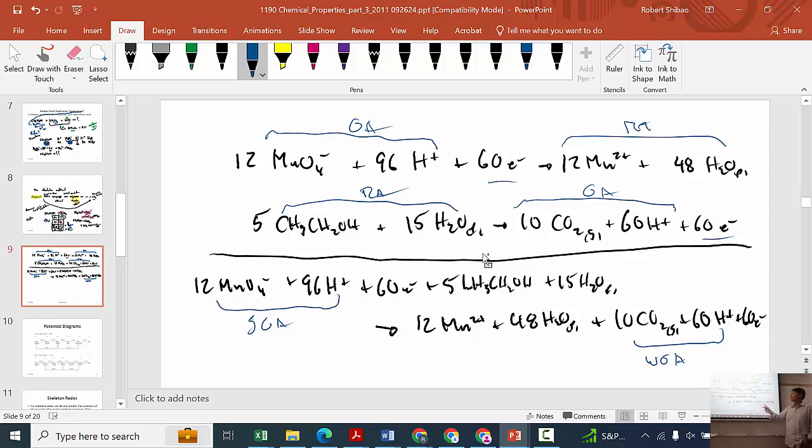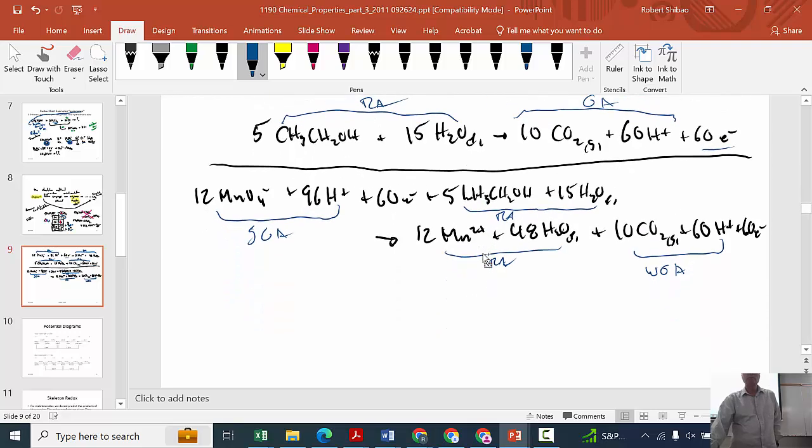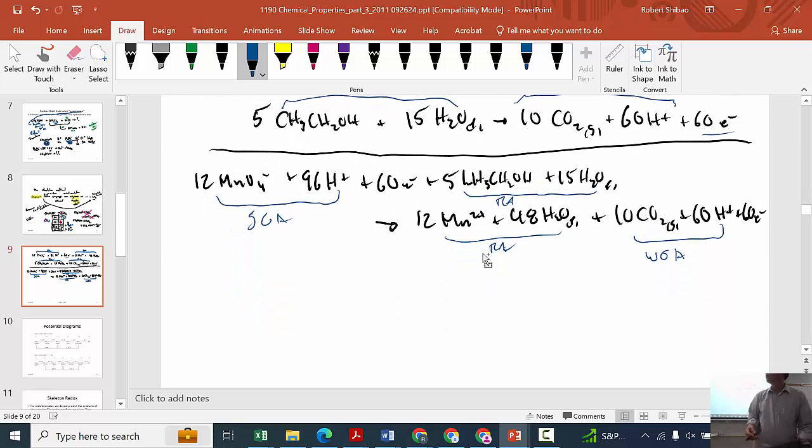So there's driving force for this, and that means the reducing agents must be the same. And so ethanol is easier to burn than manganese 2 ions. Manganese 2, to take the electrons from, ethanol is much easier. Ethanol is what we call electron rich.